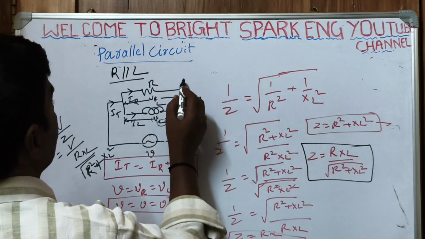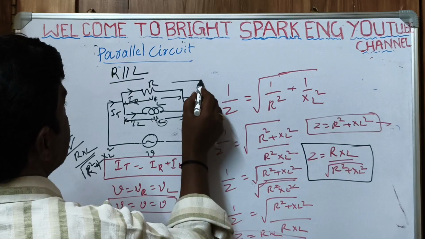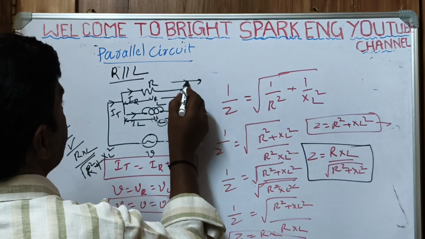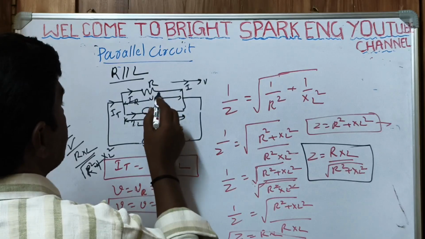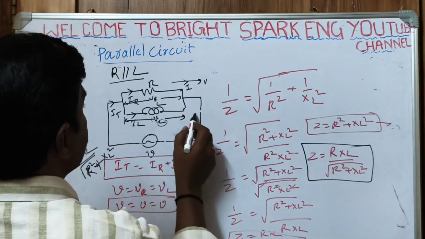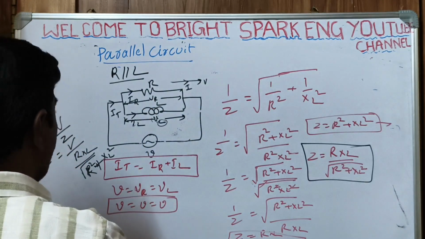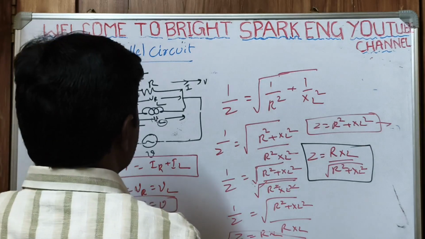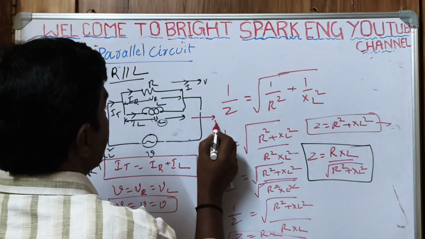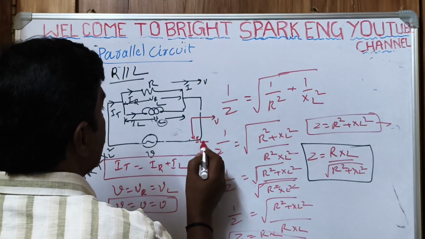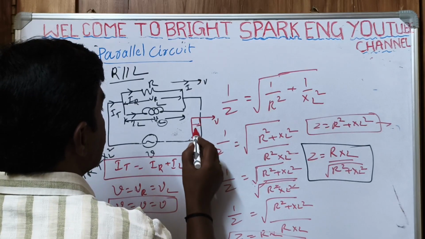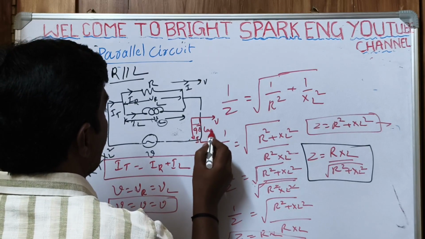Here the voltage-current relation: in the resistor circuit, voltage and current are in phase. In the inductor circuit, voltage is taken as reference. Here the flow of current is I of L. The difference is 90 degrees lag.